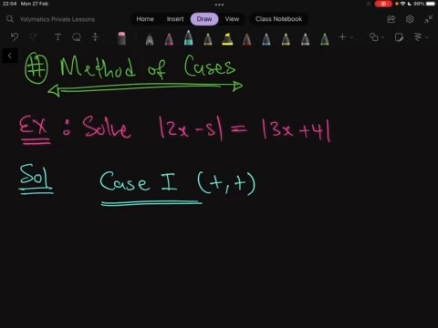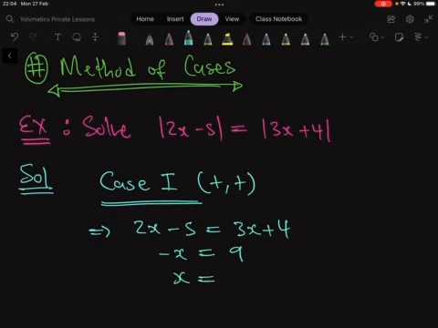Remember, if the thing on the inside of the absolute function is positive, you can safely remove the absolute function. So if I take this to be positive, I just remain with 2x - 5 = 3x + 4. Then I just solve this resulting linear equation. I get -x = 9, so x is -9. That's my first case.